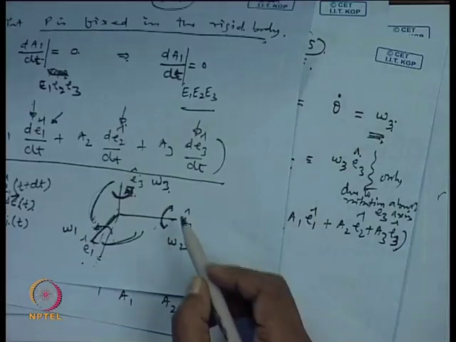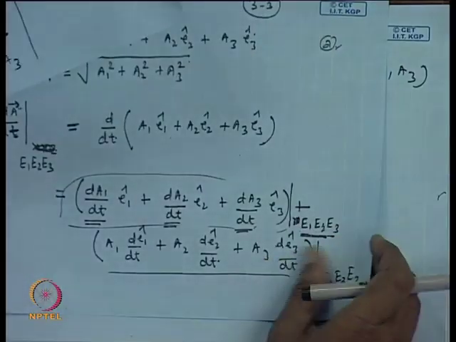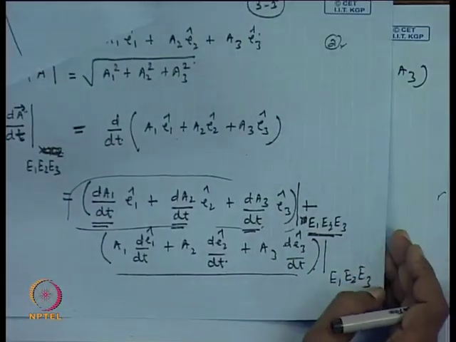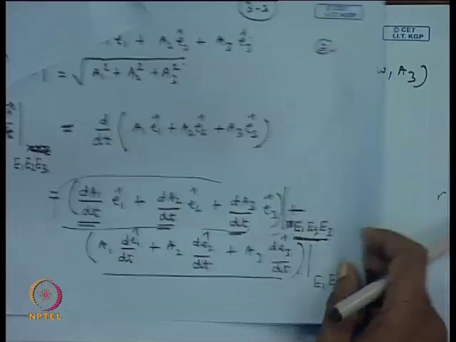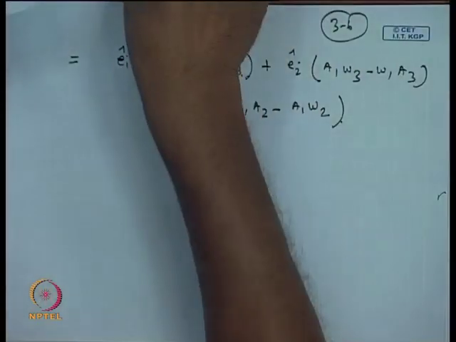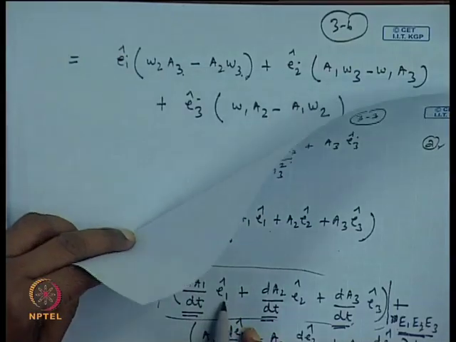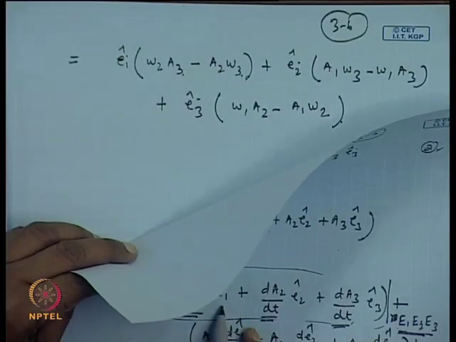Then we have to take care of the rotation about the E 2 axis. This thing we will be doing comprehensively in our attitude dynamics part. So, if we continue with this, with A 1 we can see that ultimately the E 3 vector is manifesting.